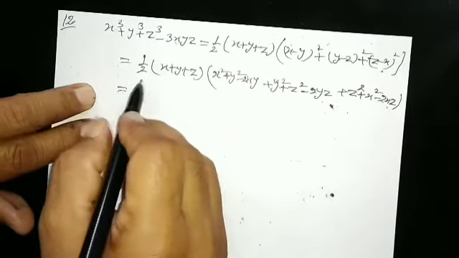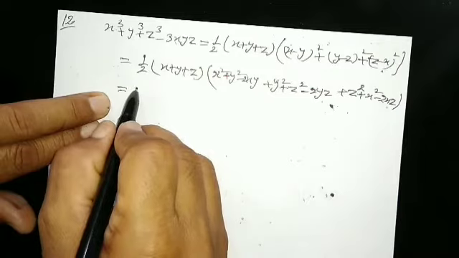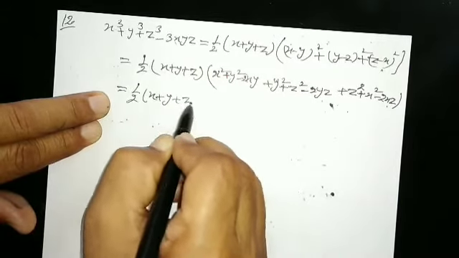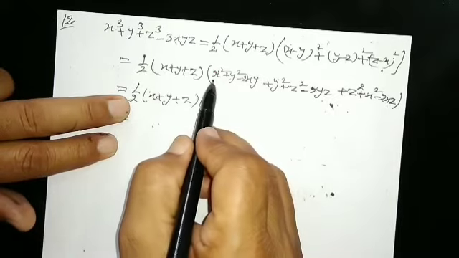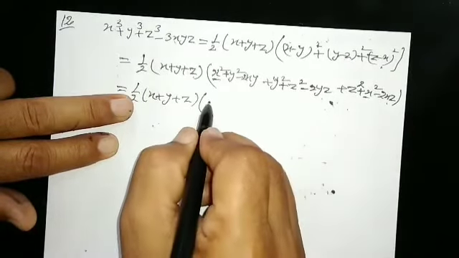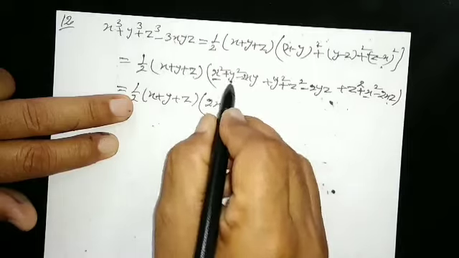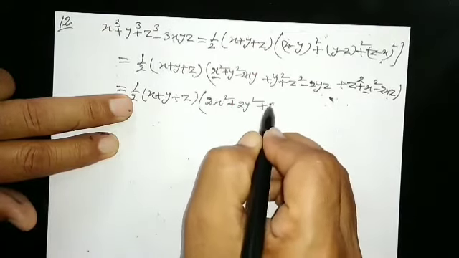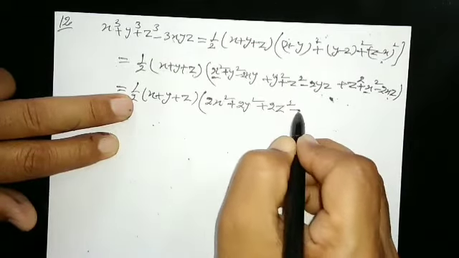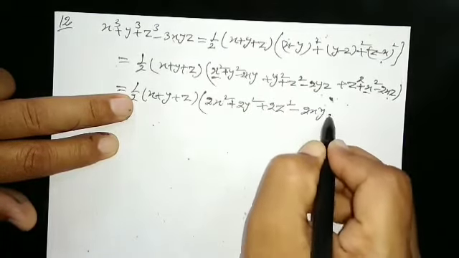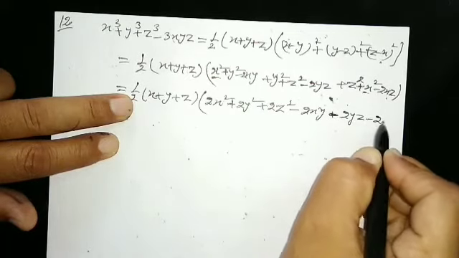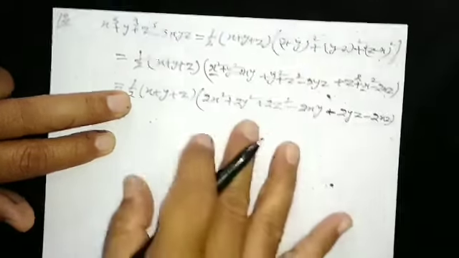now calculate this: x square here and here, means 2x square, y square and y square means 2y square, z square means 2z square, minus 2xy, 2yz and 2xz, right?